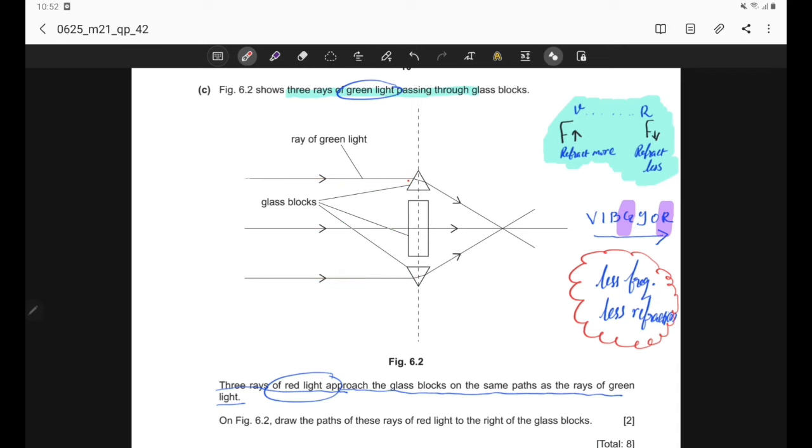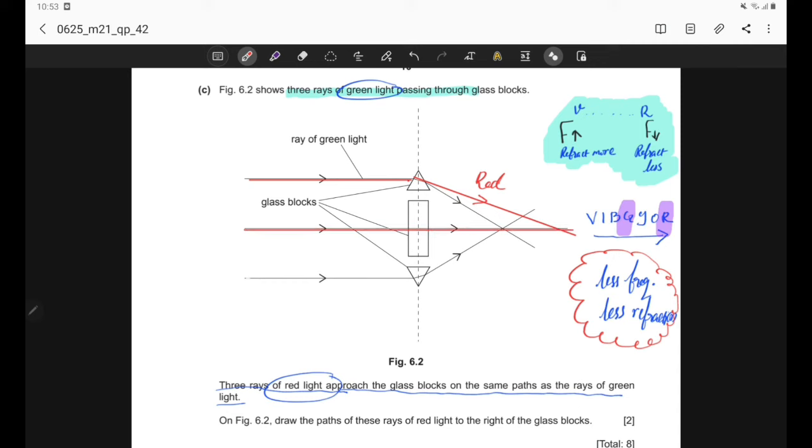So when the red color passes along the same path as the green, but when it is passing the prism, it will refract with a lesser amount. So this will be the path of red light. But the red light which is passing straight, at 90 degree, will pass straight without any deviation.